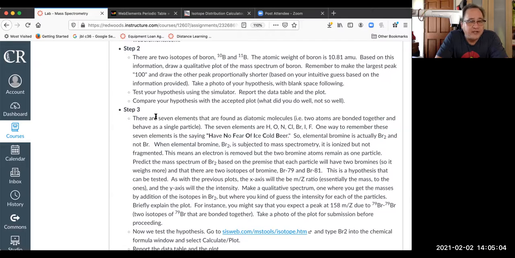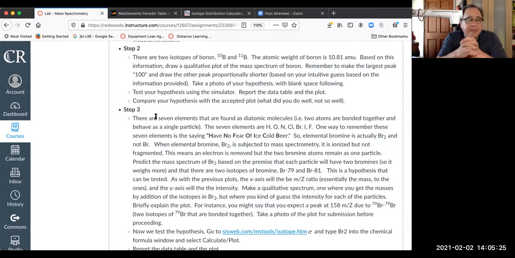Based on this information, draw a qualitative plot of the mass spectrum of boron. Remember to make the largest peak 100 and draw the other peak proportionally shorter based on your intuitive guess, based on the information provided.